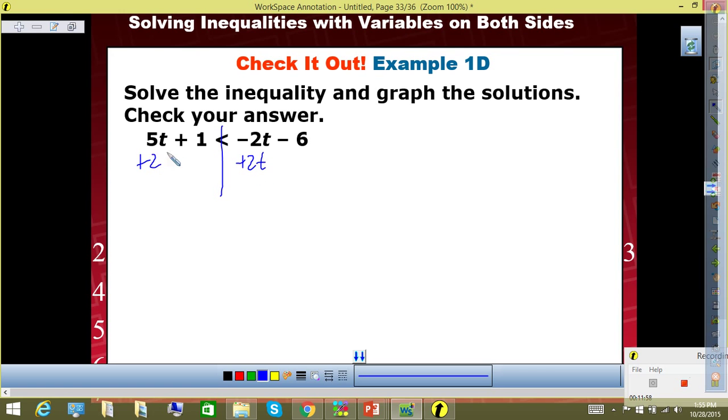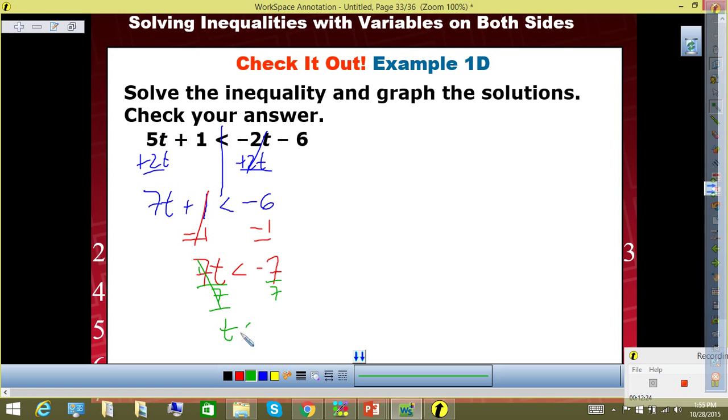Add 2t. Continue. Subtract 1 from both sides. We're left with 7t less than... t is less than negative 1.